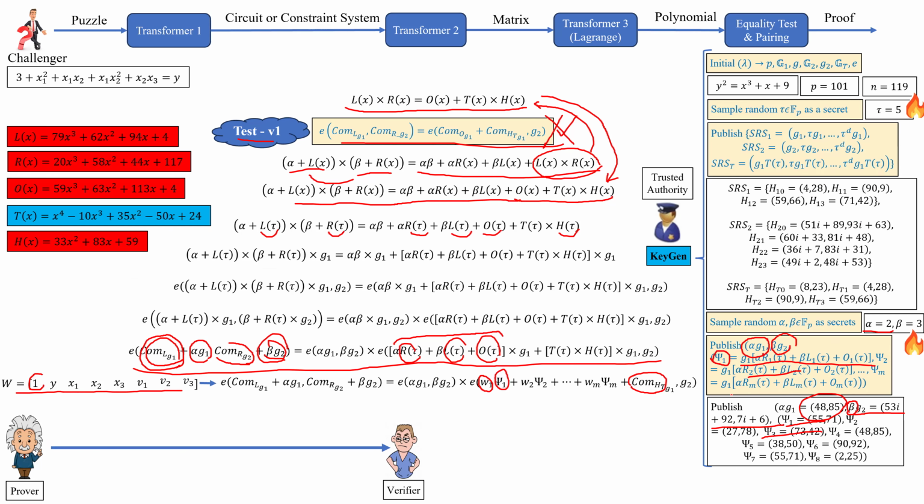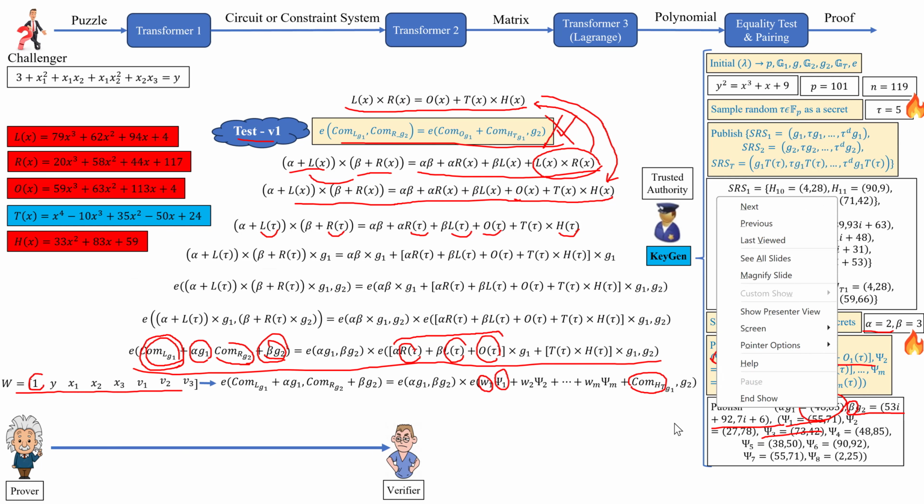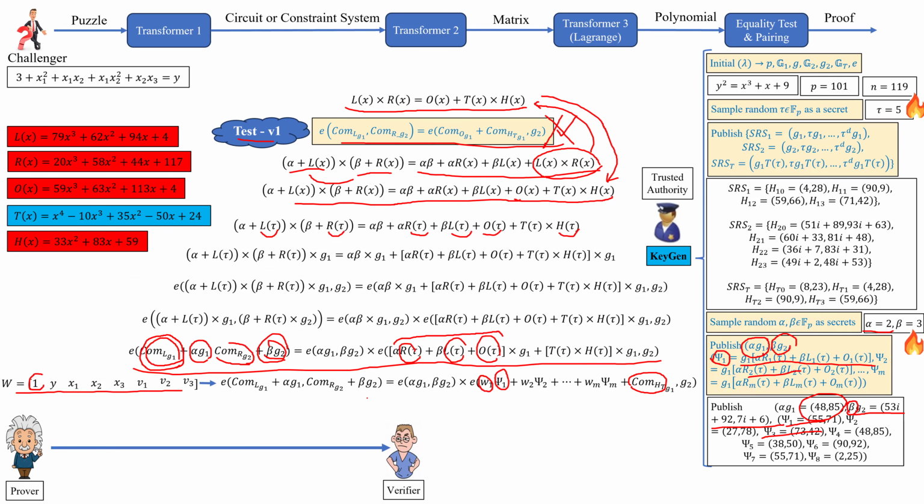The psi values are needed for the prover to compute the commit of polynomials. And then the prover also needs the knowledge of W, the vector of W, to compute the multiplication of the witness to the commit of the polynomials, right?